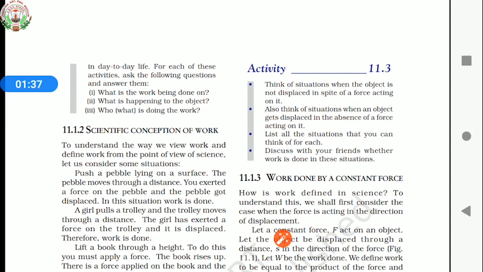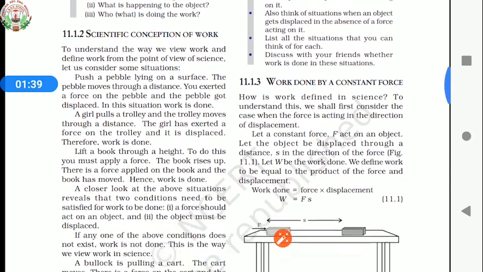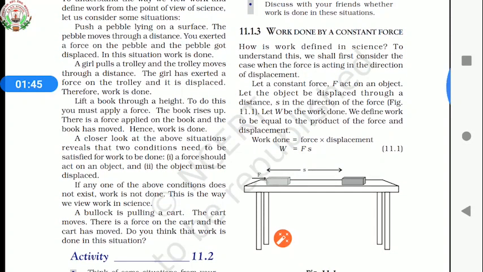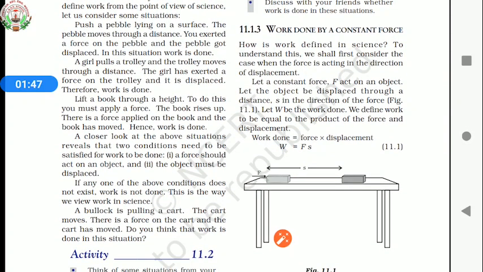There are different types of work done, that is positive work done, negative work done, and zero work done.